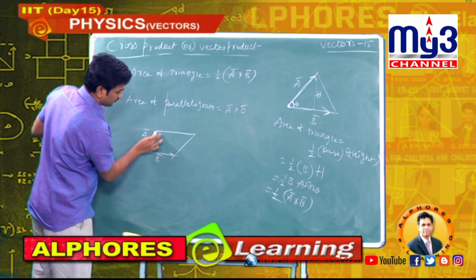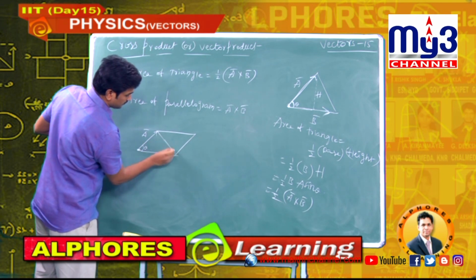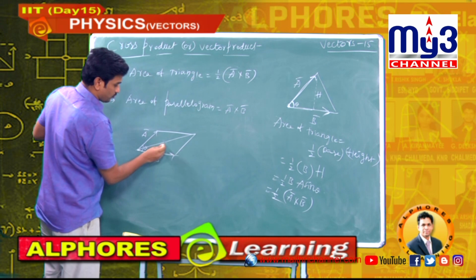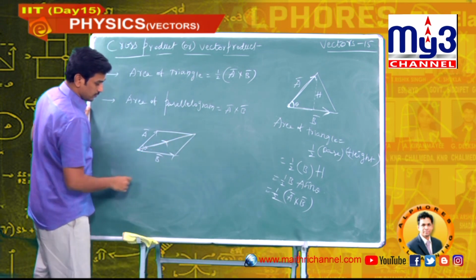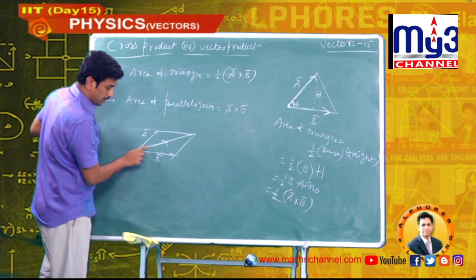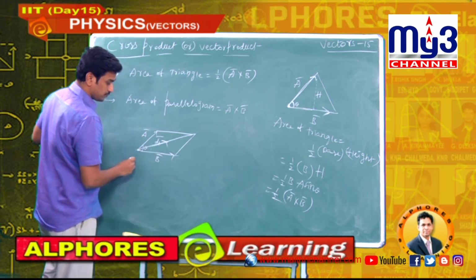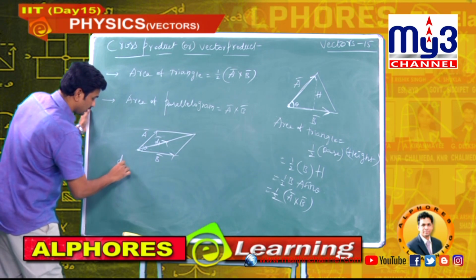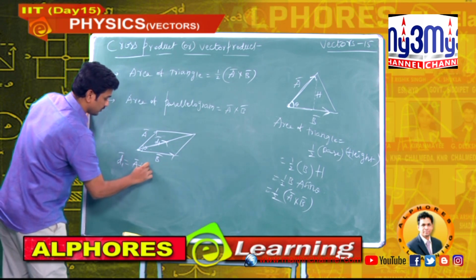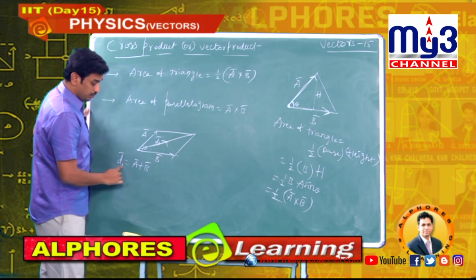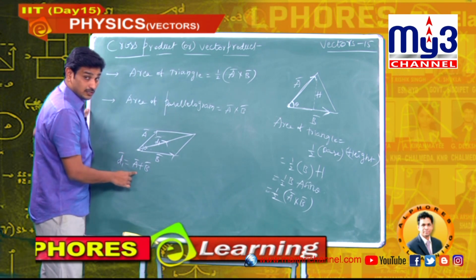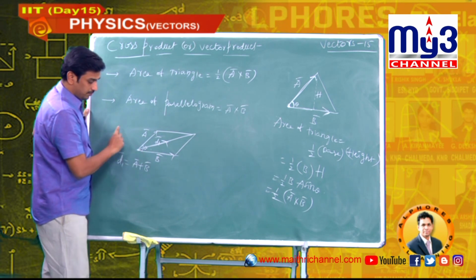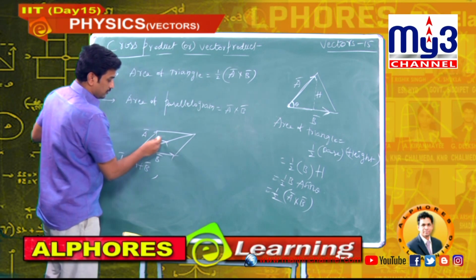See, these two are the diagonals. First write one diagonal. Like parallelogram, A bar, B bar. What is D1 bar? D1 bar is the resultant of A bar and B bar. That's a diagonal. D1 bar is equal to A bar plus B bar. I have used the parallelogram law of vectors. There also I proved it. Similarly, what about this?